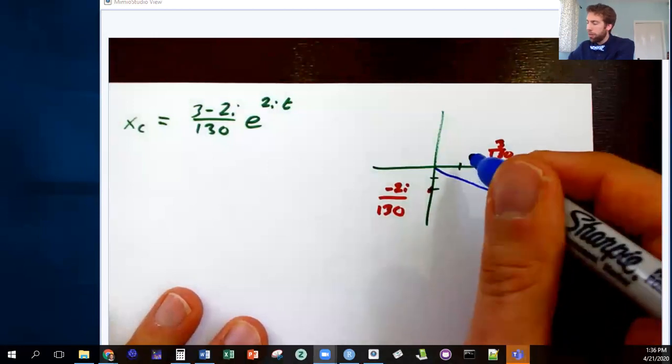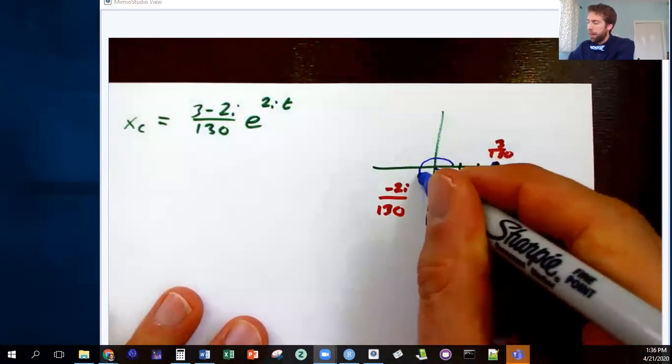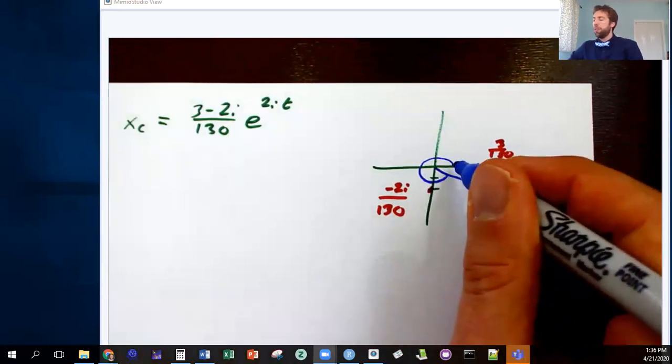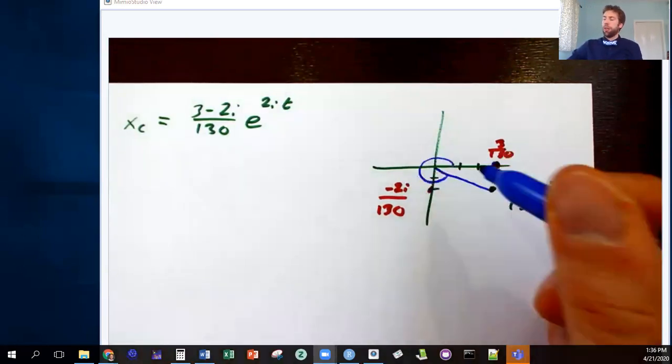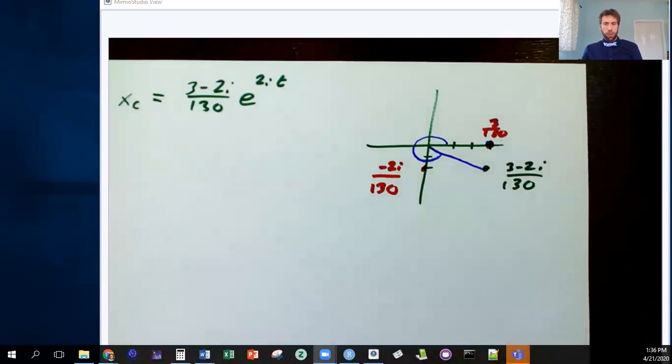We always do angle going from the positive real axis counterclockwise. This is just a little bit of trigonometry. What is the length of the hypotenuse, and how do you find that angle of the triangle?